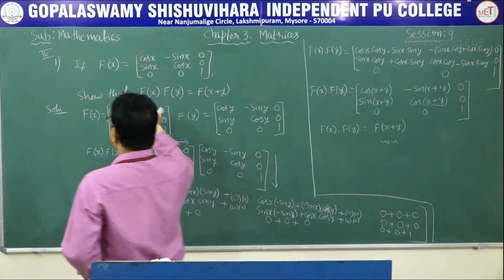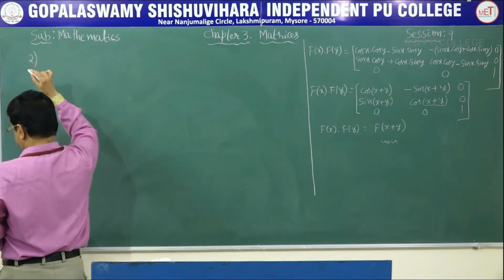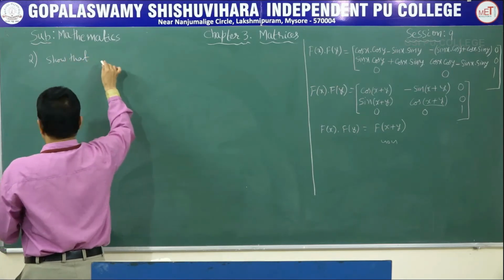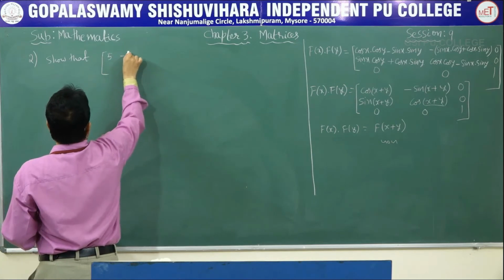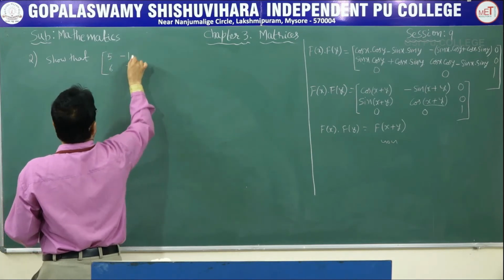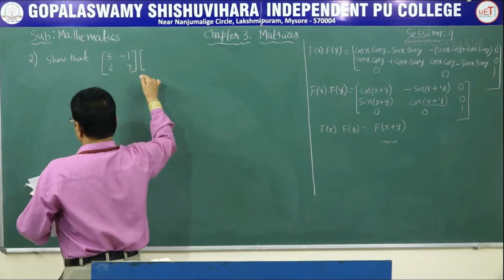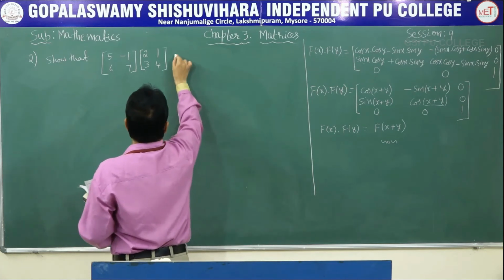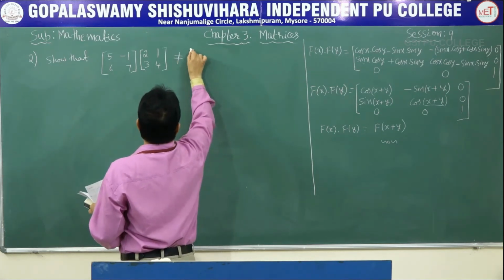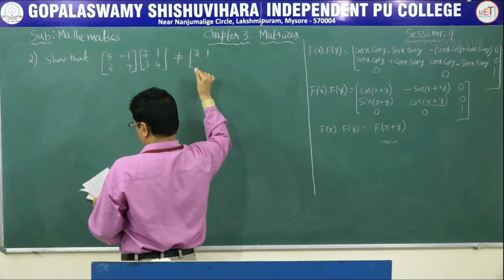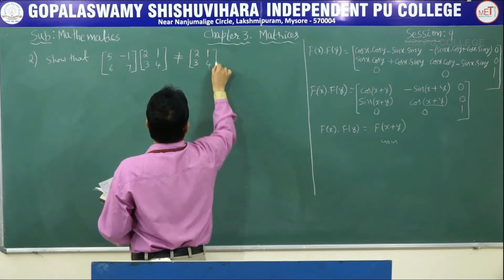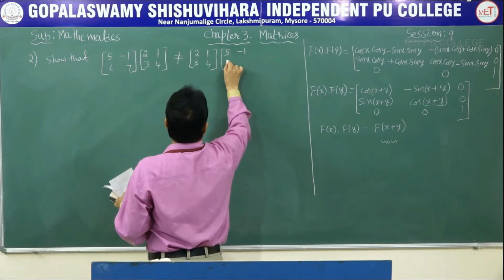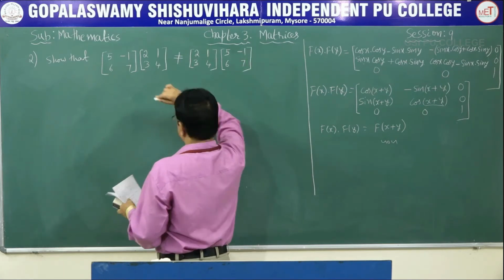So next problem is show that the matrix [5 minus 1; 6 7] into [2 1; 3 4] is not equal to [2 1; 3 4] into [5 minus 1; 6 7].